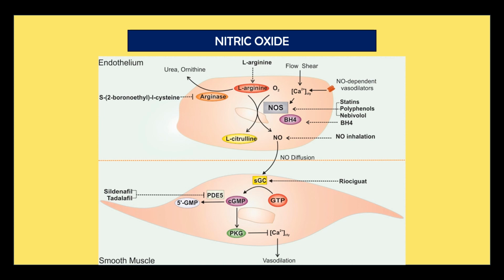So the next type of signaling that we often see is nitric oxide signaling. Here, nitric oxide is a paracrine signaling molecule. Like the steroid hormones, nitric oxide is able to diffuse directly across the plasma membrane of its target cells.